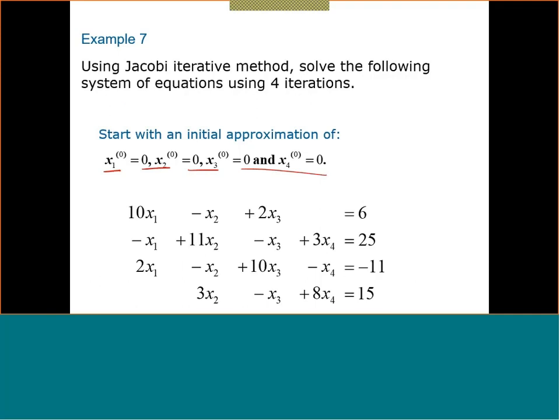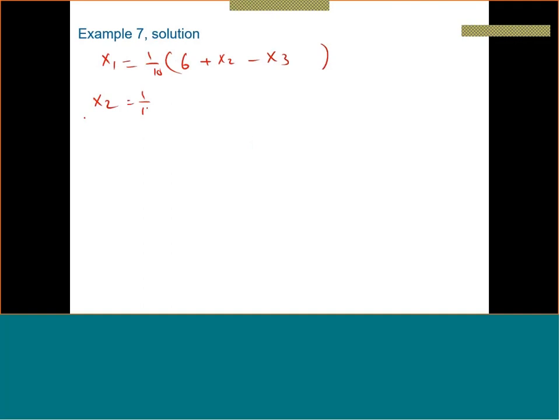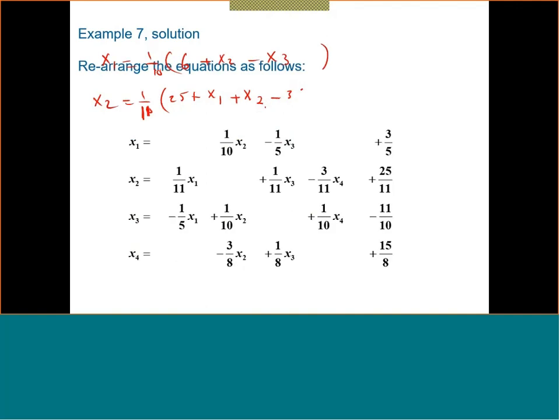I will take everything to the other side and divide by 11. So this becomes 1 over 11 times 25 plus x1 plus x2 minus 3x3.